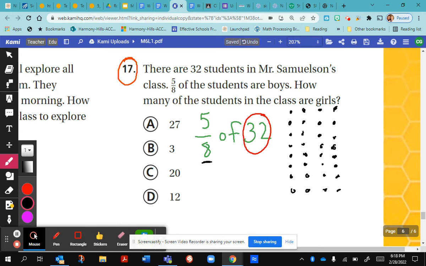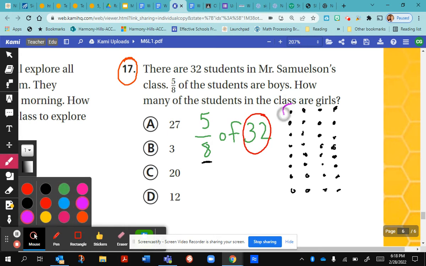I'm just doing a spot check. Very good. Now I need to circle 5 of the 8 groups. So let's go ahead and circle 5. So this is 1, 2, 3, 4, 5 of the 8. So how many are boys?